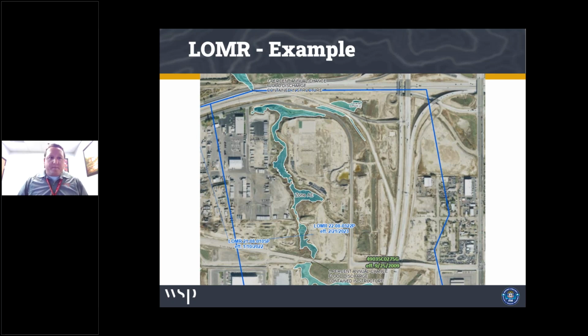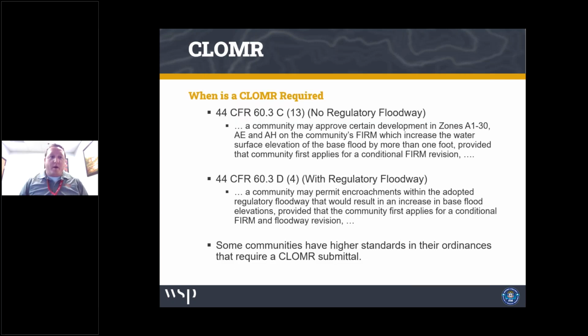Okay, so when is a CLOMAR required? Let's talk about that. So we're going to go to 44 CFR 60.3 C and D. Under section C, this is where we have no regulatory floodway. We have a zone AE with just a floodplain and base flood elevations.